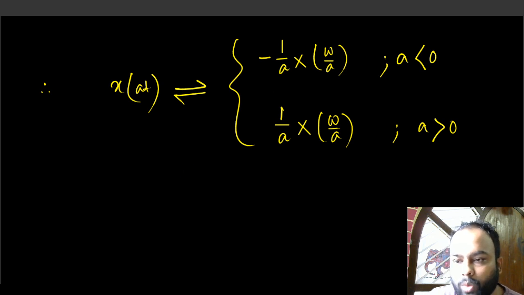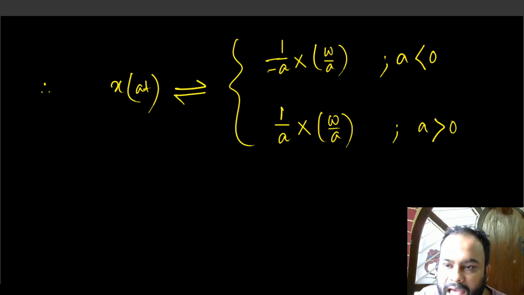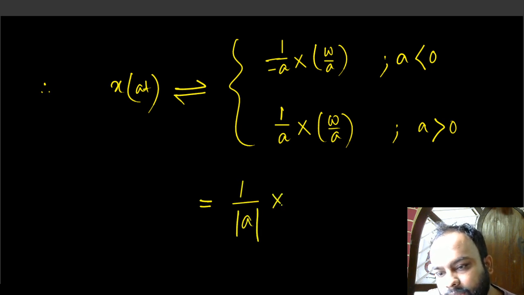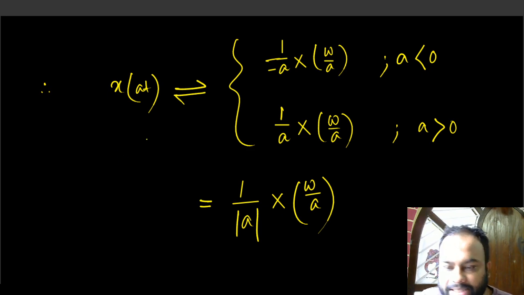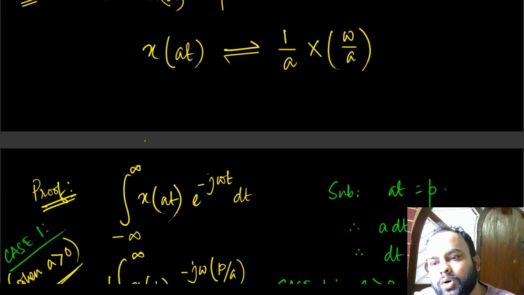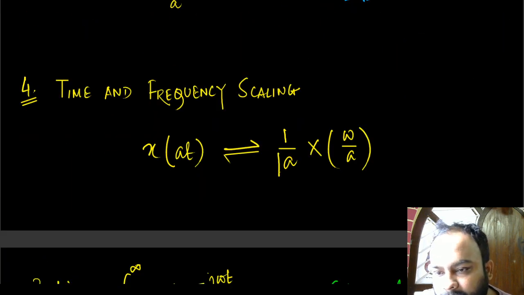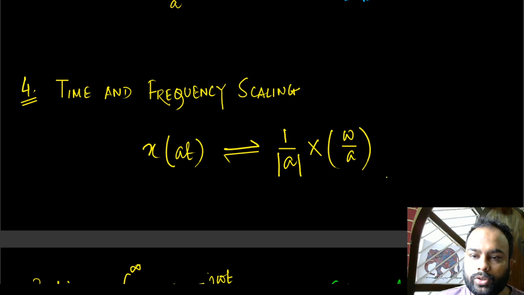This minus sign can be brought here: when A is negative, say minus 5, I have a minus of minus 5, so plus 5. And when A is plus 5, I have 1 by 5. So this is nothing but 1 by mod A times X of omega by A. That's the entire derivation. Technically I have a modulus sign here. So that's the time and frequency scaling property.